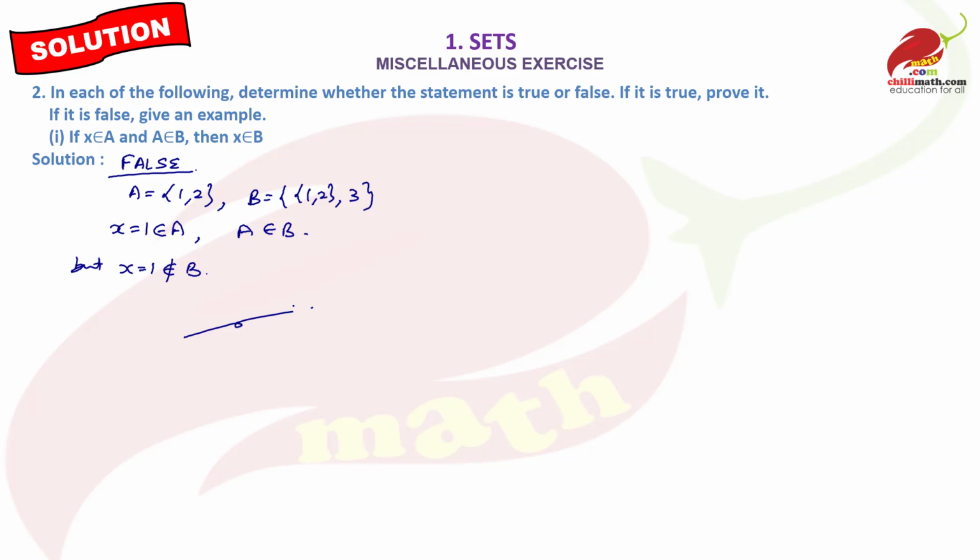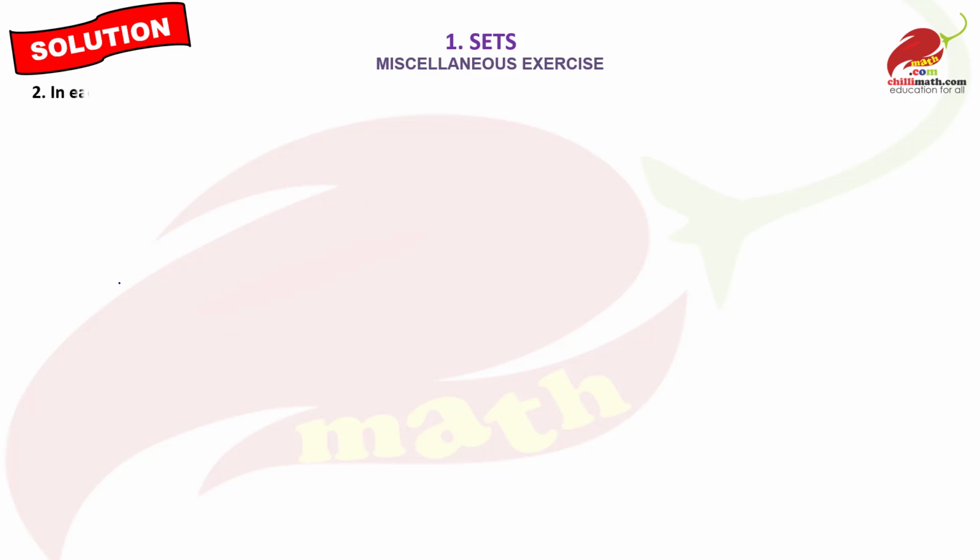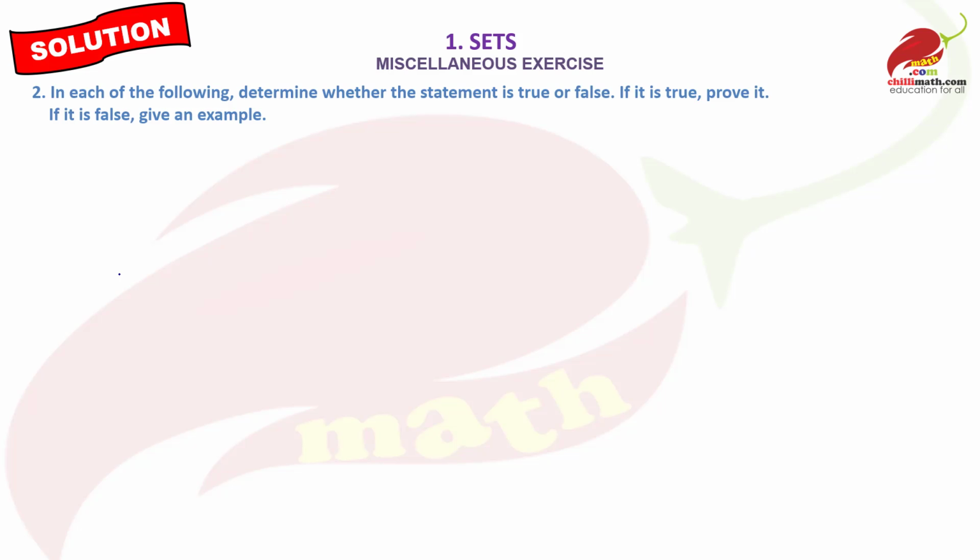Next, this is the second part. If A is subset of B and B belongs to C, then A belongs to C. So we have to check whether it's true or false. If it is true, we have to prove it. If it is false, we have to give an example.